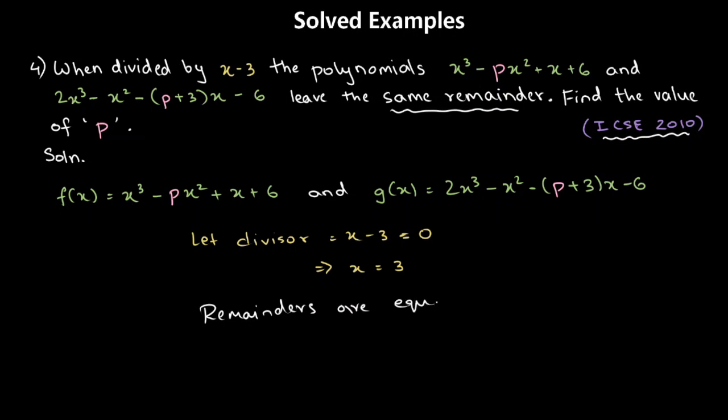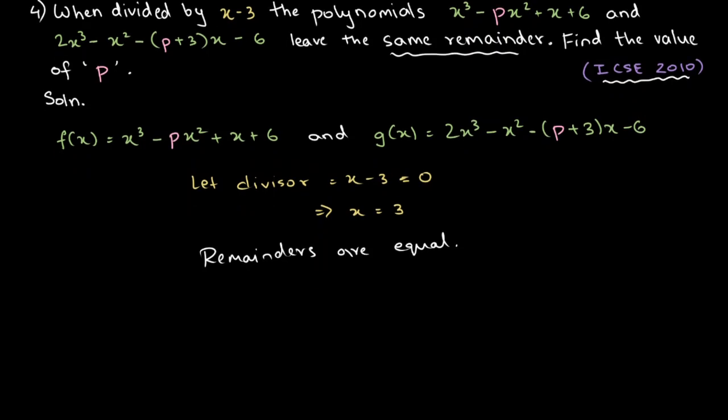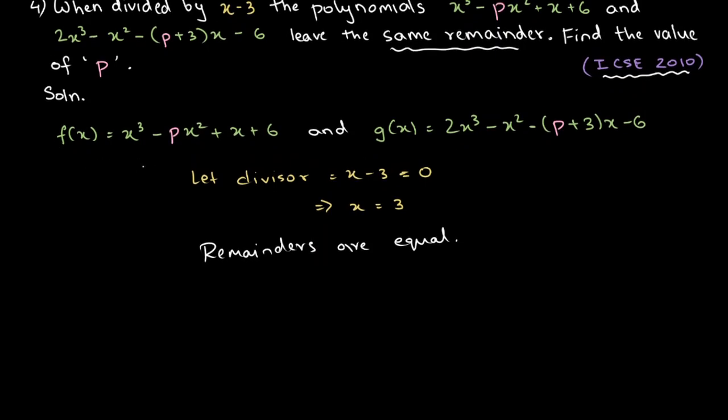The remainder for the polynomial f of x would be f of 3, and the remainder for g of x would be g of 3. According to the given condition, f of 3 should be equal to g of 3. This is going to be my equation with only p as the unknown, and I should be able to solve it.